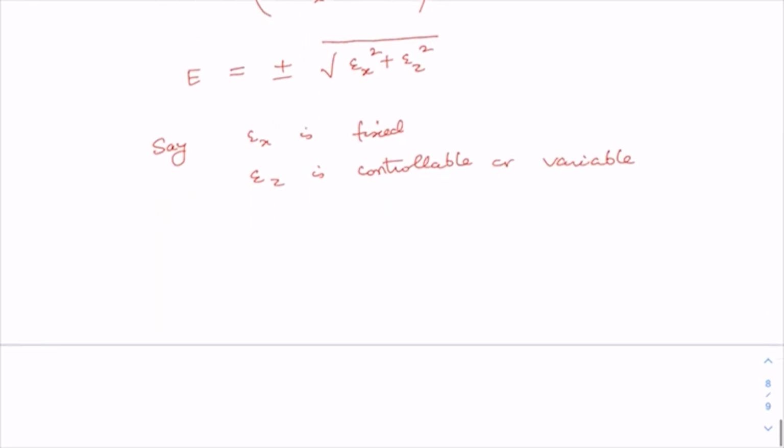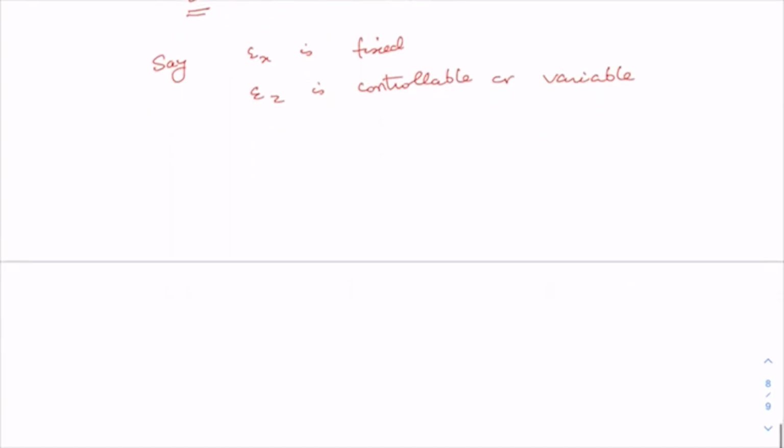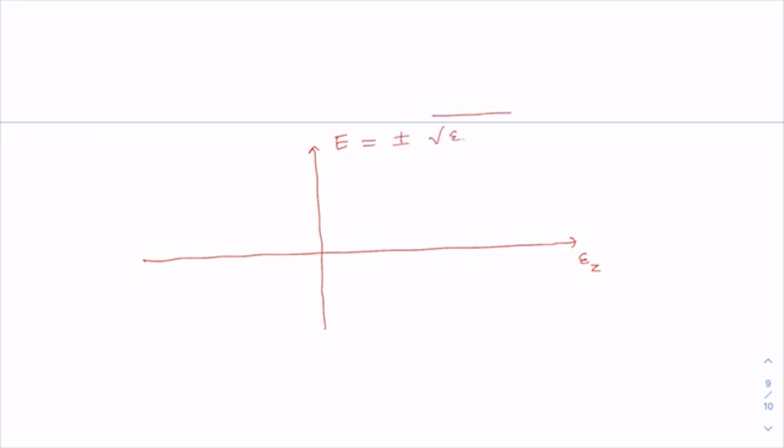Let me plot the eigenvalue E as a function of this controllable parameter epsilon z, and we'll get something interesting here. If I plot the eigenvalue E as a function of the controllable parameter epsilon z, keeping epsilon x fixed, the eigenvalue is the square root of epsilon z square plus epsilon x square. Now when epsilon z is equal to 0, you see E is simply plus minus Ex. So say this is plus Ex, this is minus Ex.